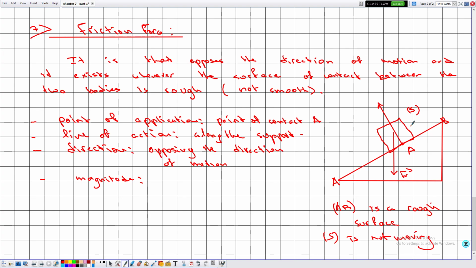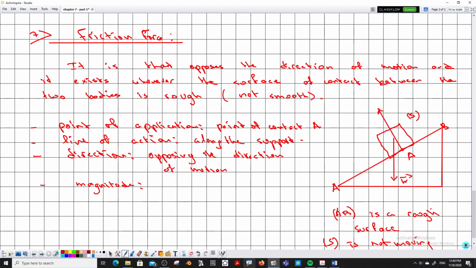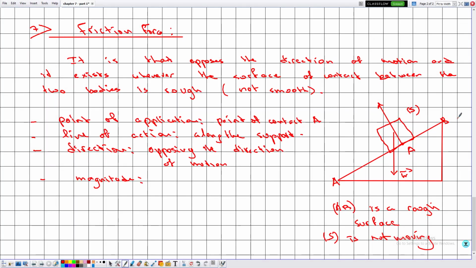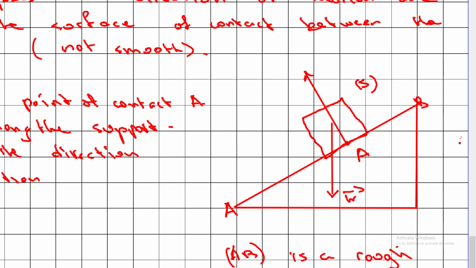Because it's being acted on by the weight, which acts vertically downward, we expect S to fall along the inclined plane AB. So in this case, the direction of motion of S will be like this, along AB.